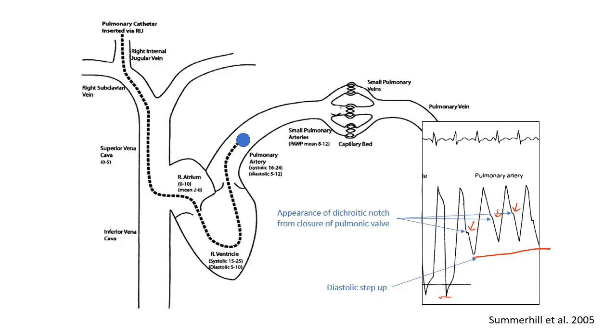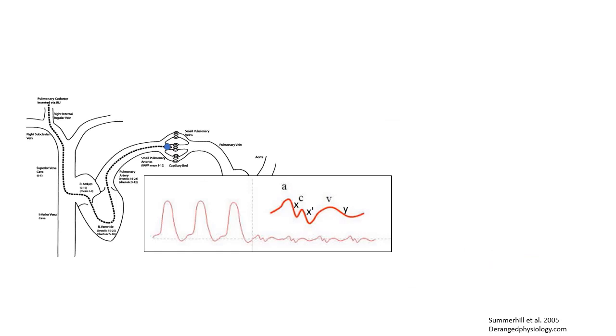It's analogous to the dicrotic notch you see on an arterial tracing from an A line, which corresponds to the aortic valve closing. As you continue to advance, eventually you're going to wedge the catheter, and from that PA systolic pressure tracing, you're then going to see a small undulating waveform, which, if you remember the CVP, looks exactly the same. Why is that? When we are measuring our CVP in the right atrium, it's measuring what's going on here.